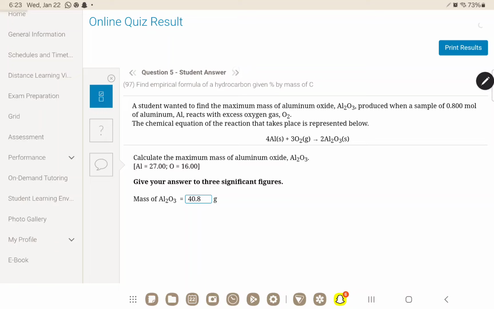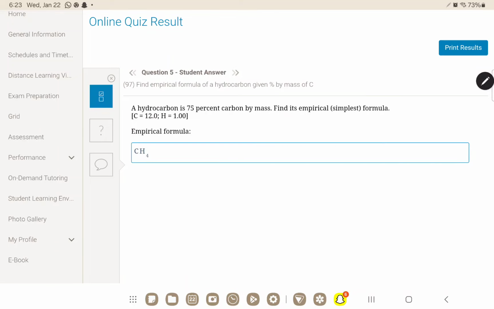Now let's move on. Here they're asking you for the empirical formula, and for this question I'm going to add an extra note because a lot of students got it wrong in their last exam. So look, for this question, if it's a hydrocarbon or any compound with only 2 elements in it, here it's H and C only, here's what you do.